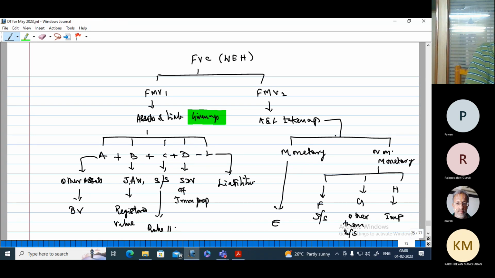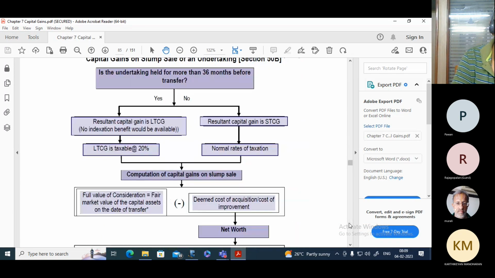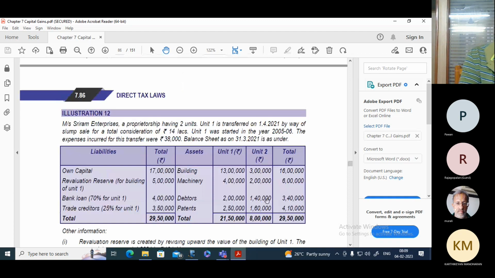Rule 11UA1. How do you remember? Okay. Anyway, we got it now with a specific understanding.